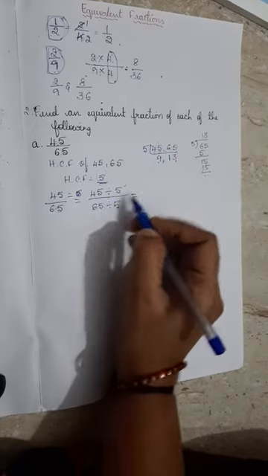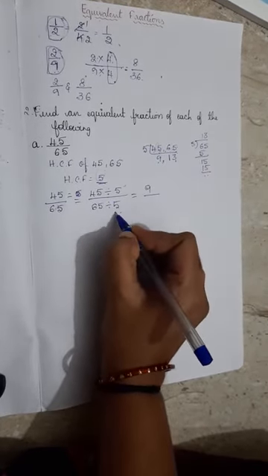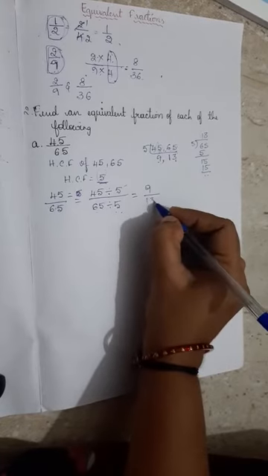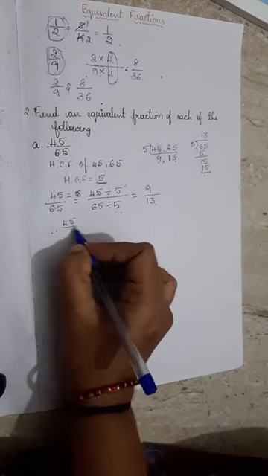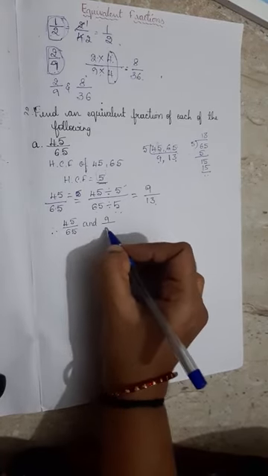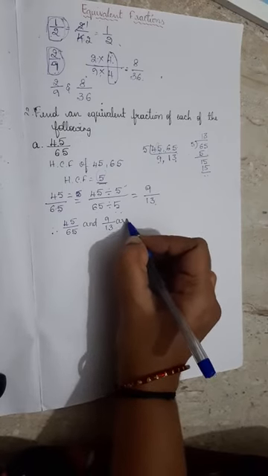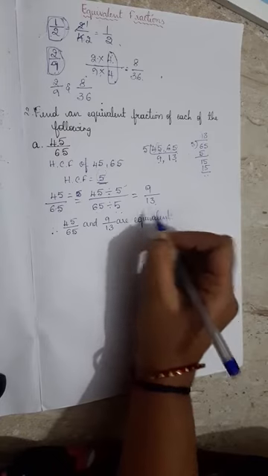When you divide 45 by 5, you get 9. When you divide 65 by 5, you get 13. So therefore 45 by 65 and 9 by 13 are equivalent fractions.